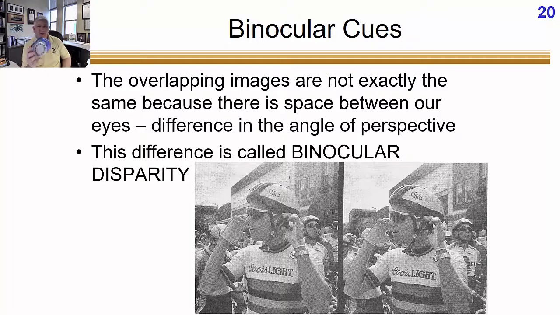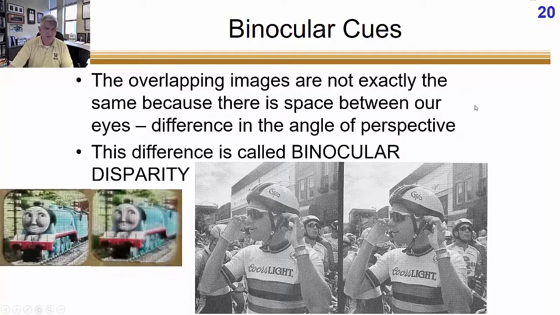It's called a viewfinder. And you have these little wheels, discs that you put in there. And when you look into it, right, you see a three-dimensional image. In fact, I took a picture of what I'm looking at, which is Thomas the Train here. And so this is what is being shown to the left eye and to the right eye. And you can see that the picture is slightly different.